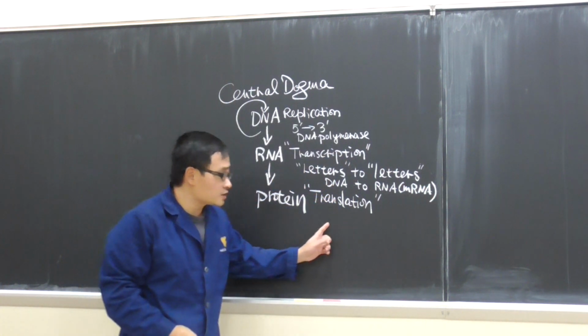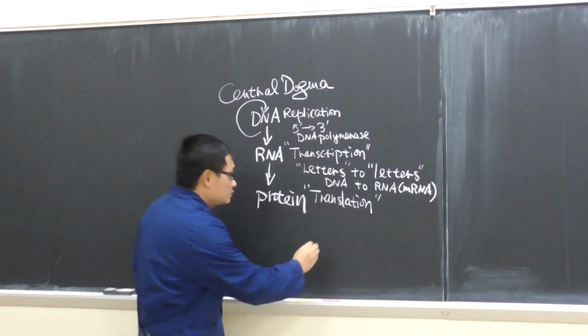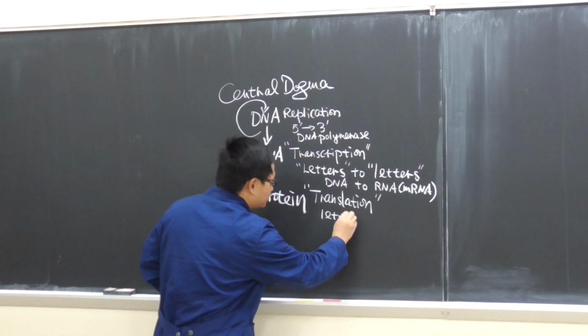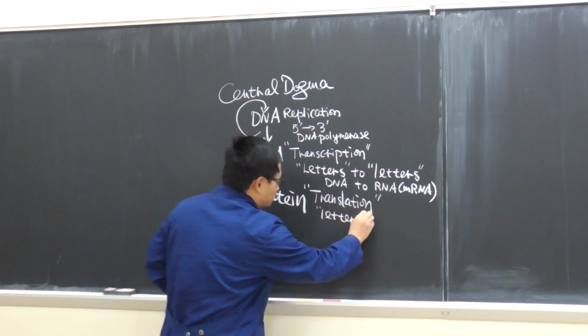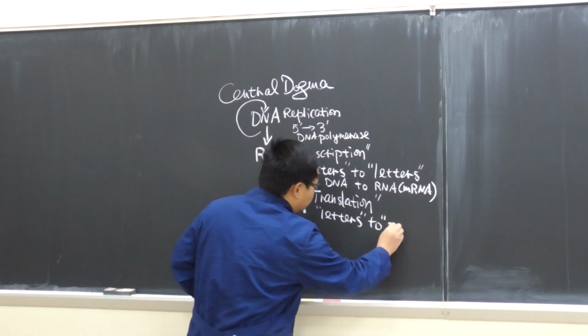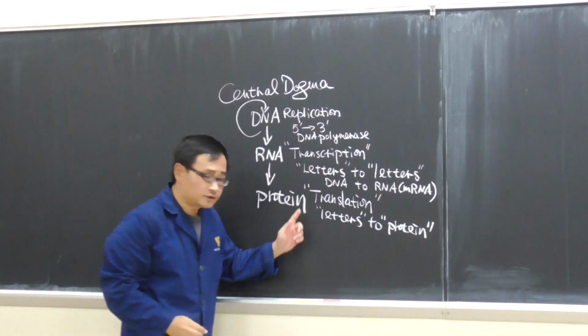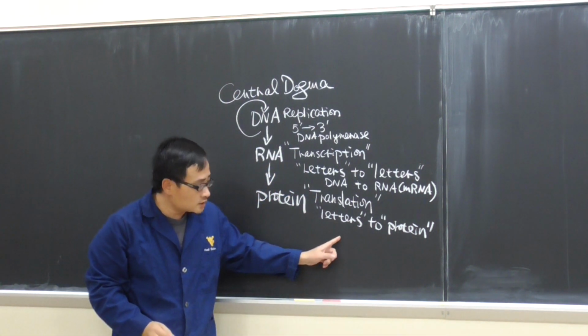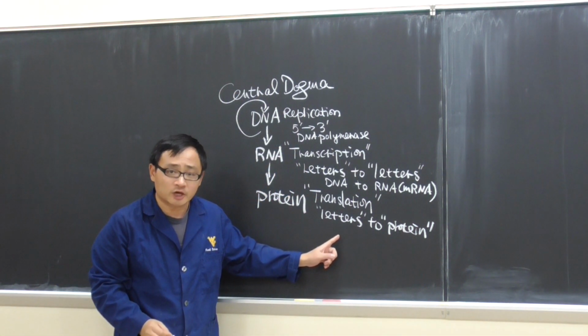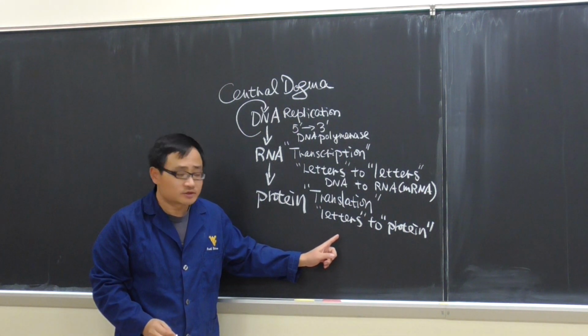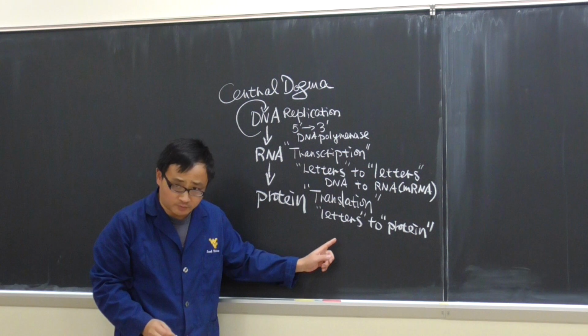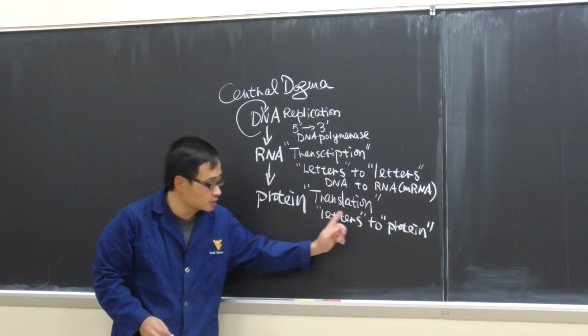Now, how about translation? This is what we call letters to protein. So do you feel the difference? This is kind of like I speak Chinese, and if I don't understand English, somebody will do the translation for me from Chinese to English.